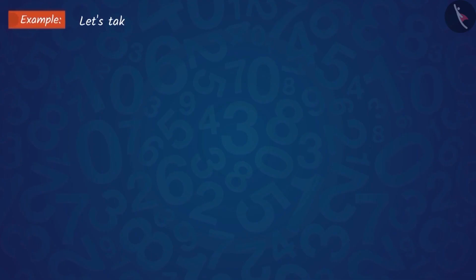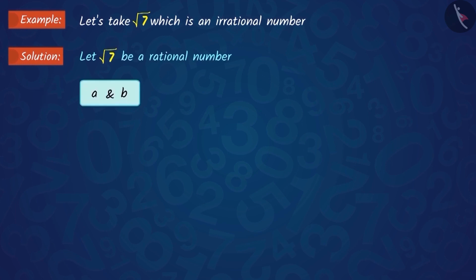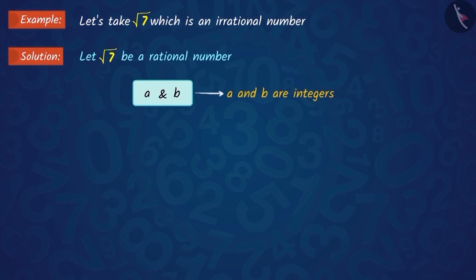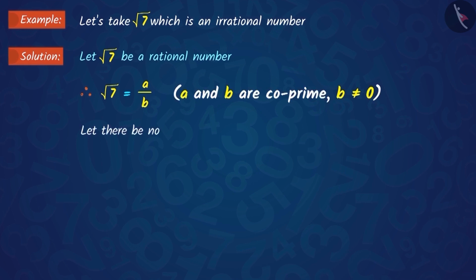Come on, let us consider the square root of 7, which is an irrational number. Suppose that the square root of 7 is a rational number. Therefore, we can obtain two integers a and b such that the square root of 7 is equal to a upon b, and b is not equal to 0.